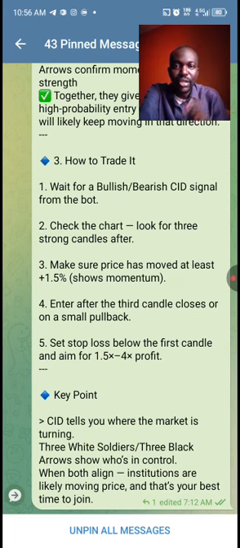The first step is wait for a bullish or bearish confirmed change in direction. The bot will send it to you, whether it is confirmed or strong confirmed change direction. And like we've said, strong confirmed change direction is our primary signal. And with a strong confirmed signal, the trend is going to last longer than a confirmed change in direction.